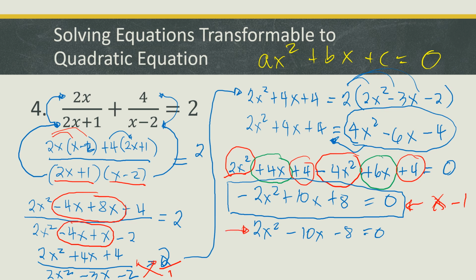So these two answers are the same. But it is more acceptable if your a is positive. That we have our a value, b value, and c value of 2 for a, negative 10 for b, and negative 8 for our letter c.